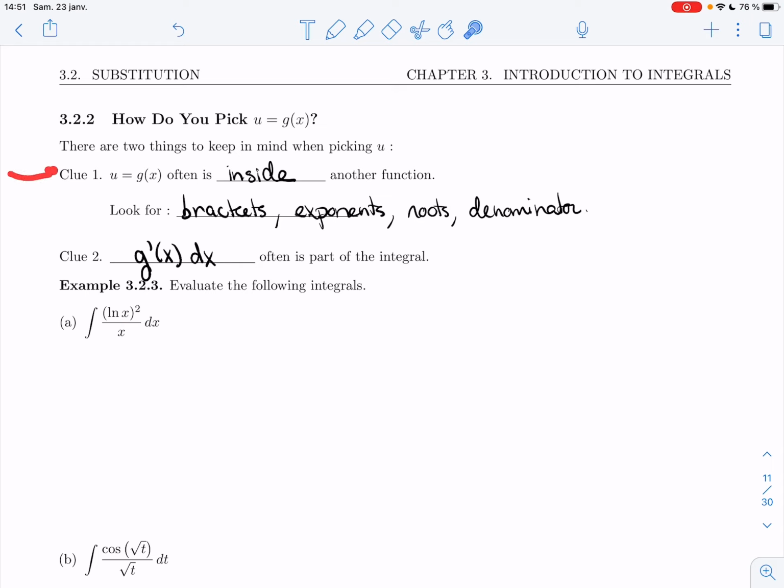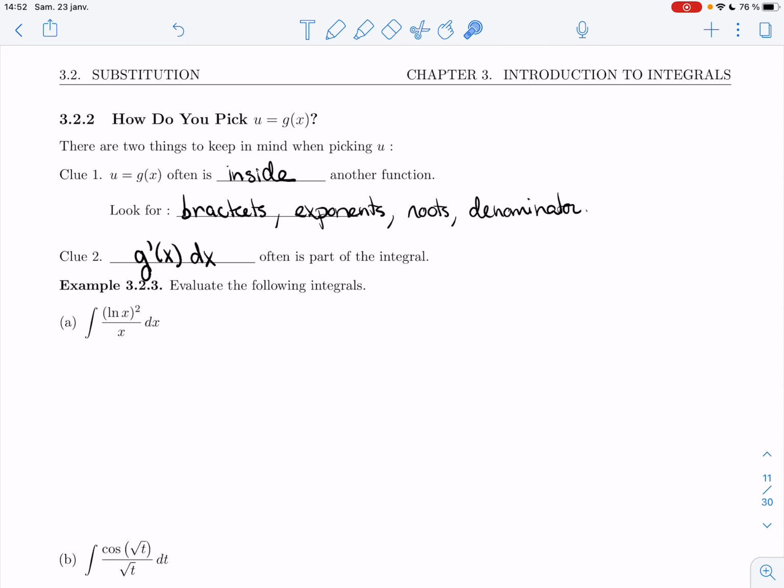So if I consider clue number 1 and I'm looking for something inside another function, I have ln of x that's inside the squared, and I have x that's inside the denominator. Clue number 2, g prime of x dx is often part of the integral. If I take ln of x, then g prime would be 1 over x, so g prime dx would be this part.